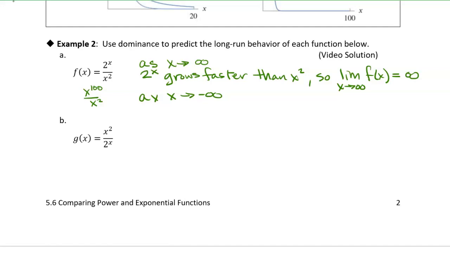So we also know that 2 to the x goes to 0, right? Because the x is negative, so this would be the same as 1/2 to the x if x was positive.